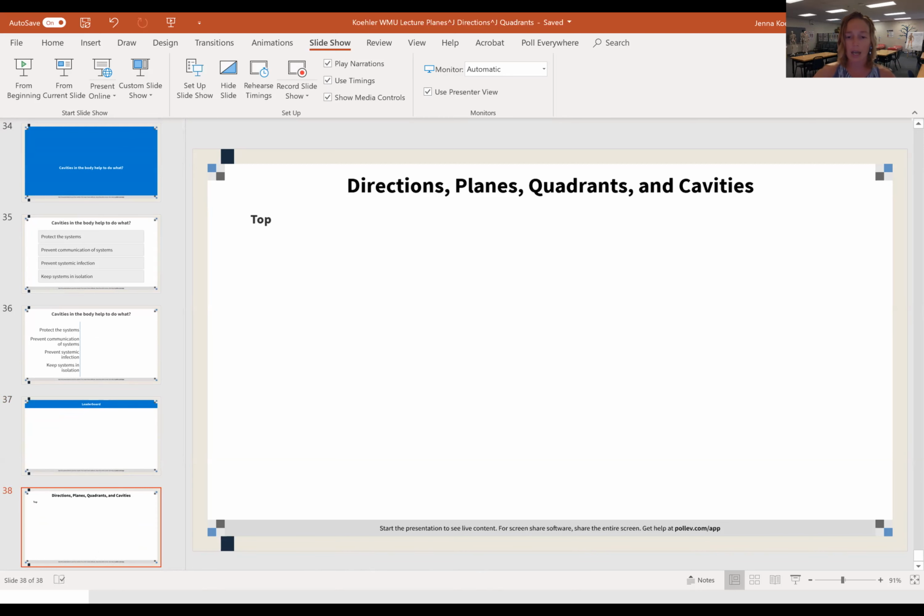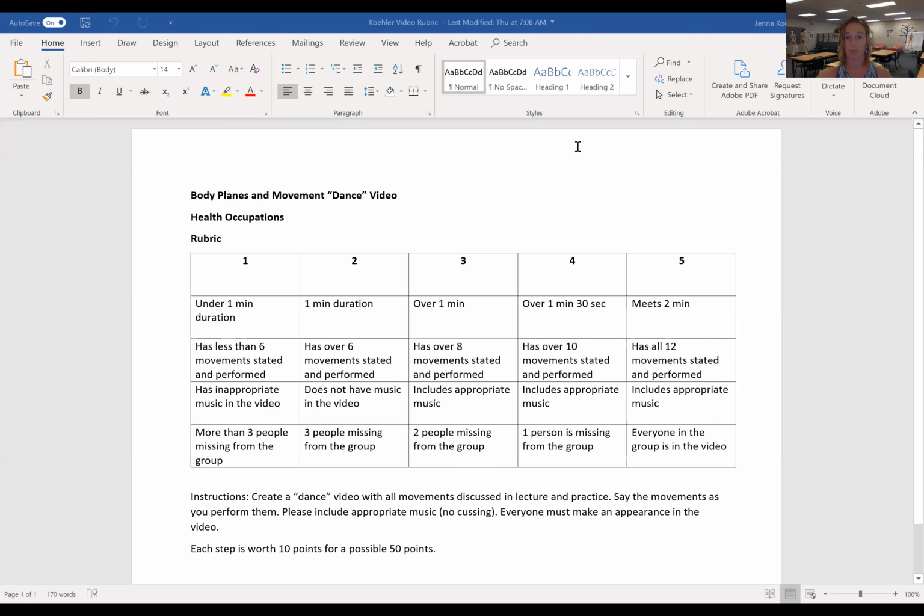And then I will put up the rubric. This is the rubric for the videos, and I will allow them to work on their project. Just in case you didn't get to see that rubric, this is the rubric.